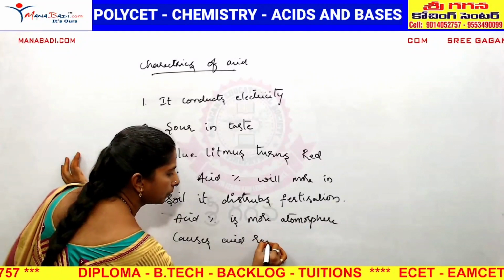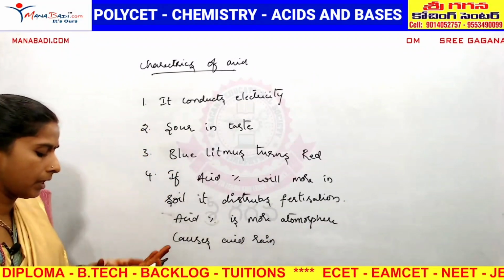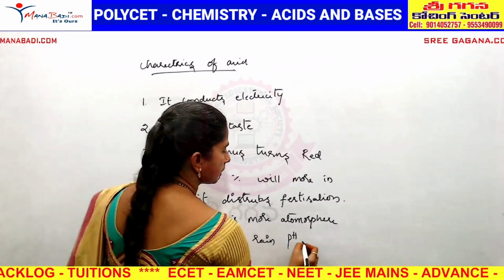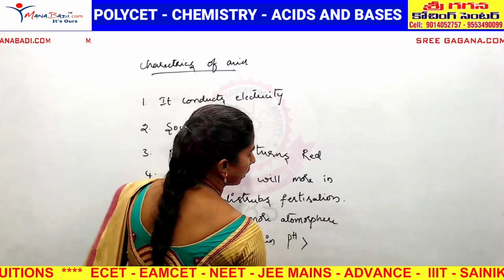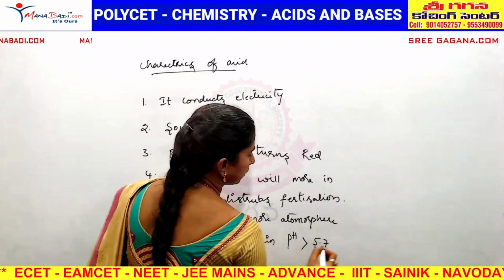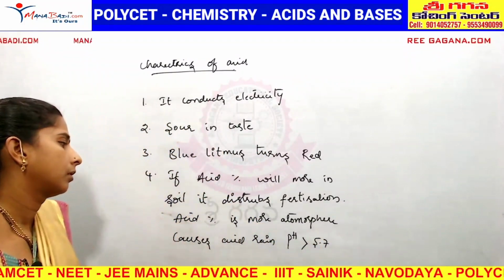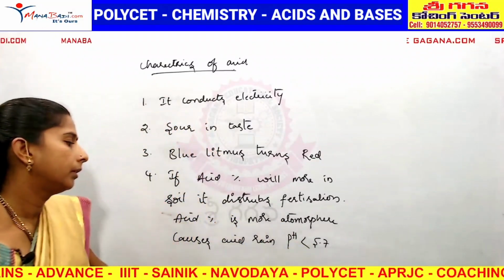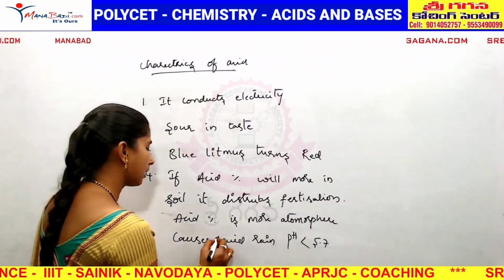What is meant by acid rain? It means the atmosphere pH is not greater than 5.7, it is less than 5.7, then it causes acid rain.